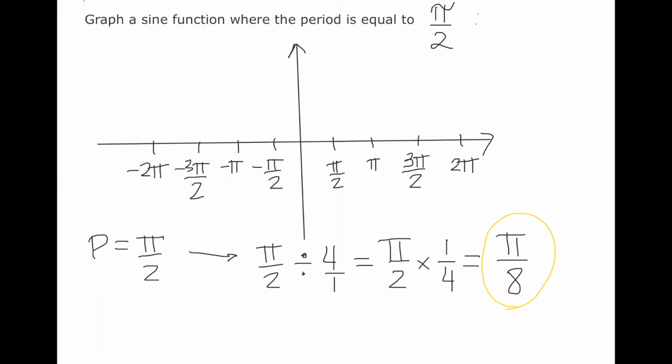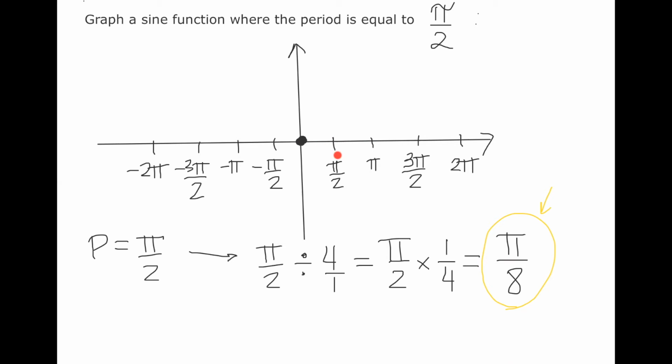So once again, turning back to my graph, sine starts at 0, 0. And then we have to find intervals of pi over 8. How do we do that? Well, if you look at your axis, this is 0, this is pi, right? Half of this distance is pi over 2.